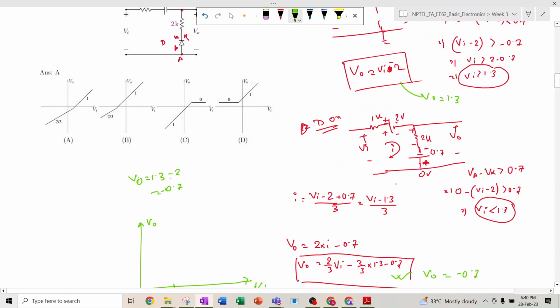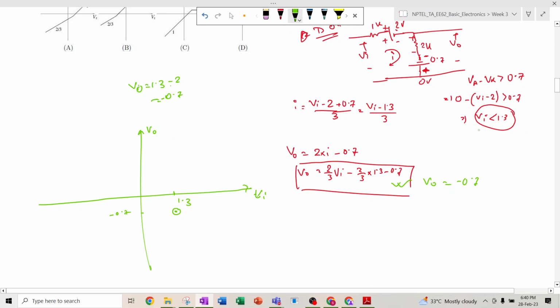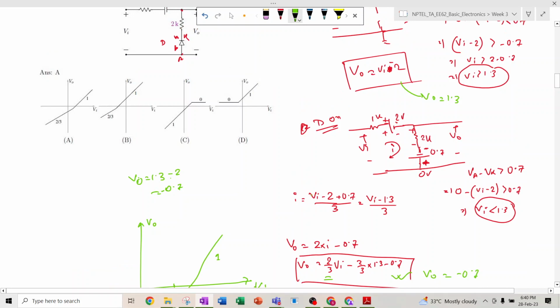Whenever Vi is less than 1.3, on this side the slope will be 2 by 3 into Vi, and on the other side the slope will be 1, because here VO equals 1 into Vi minus 2. So the correct answer will be answer A.